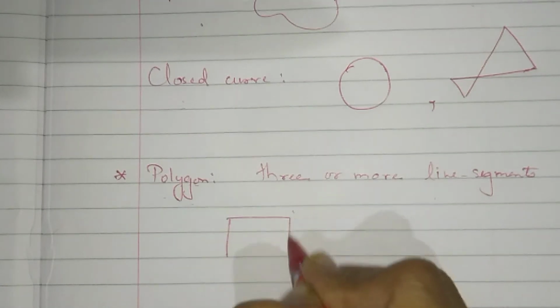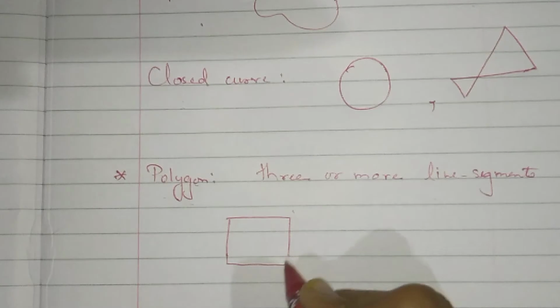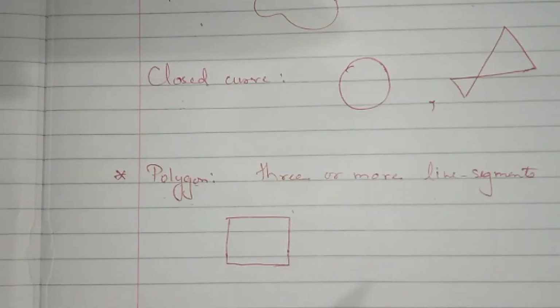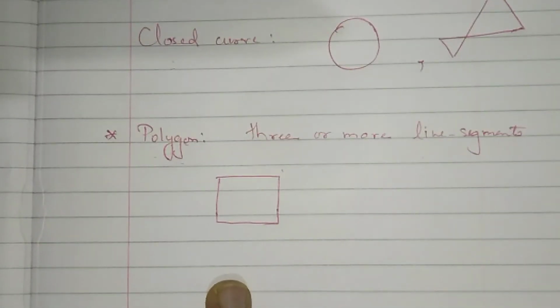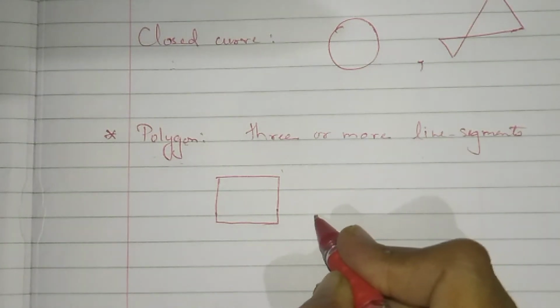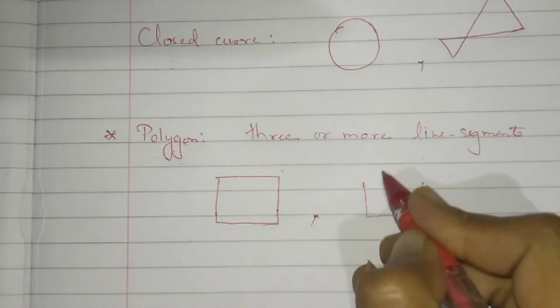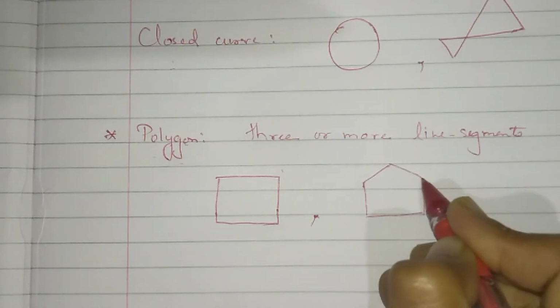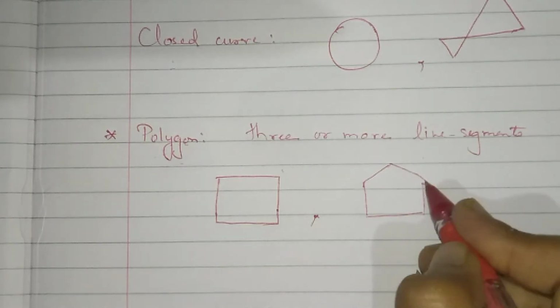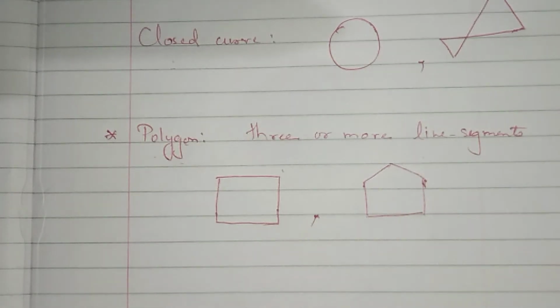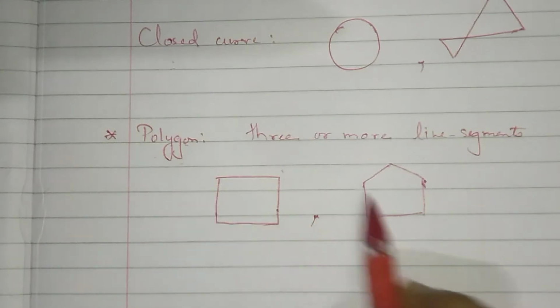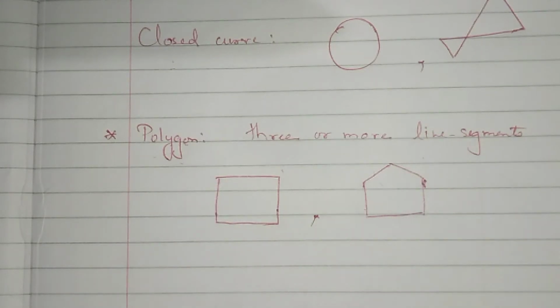So if I draw a square, the square is a polygon, right? A closed polygon. Another example, pentagon. A pentagon is also a closed curve and it is also a polygon. I am using more than three line segments.